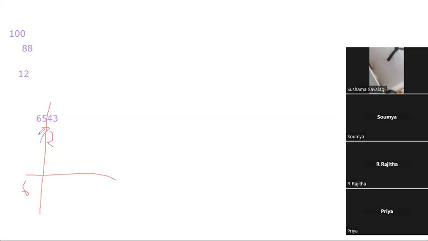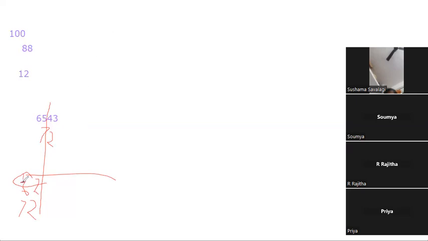So 5 plus 7 is 12. Now 1 goes as carry here. So instead of 6, it becomes 7. So you have 72, because there is a carry here. Now you got 2 here. So you have to multiply. Now, if you see, we have 1 and 2.